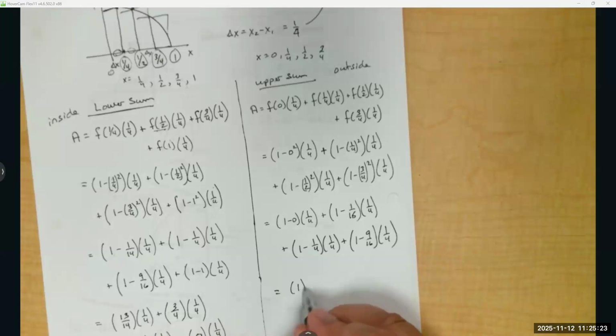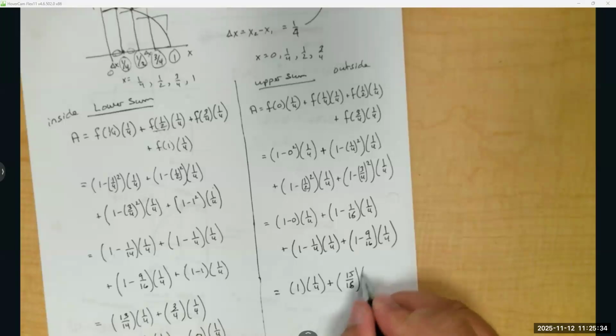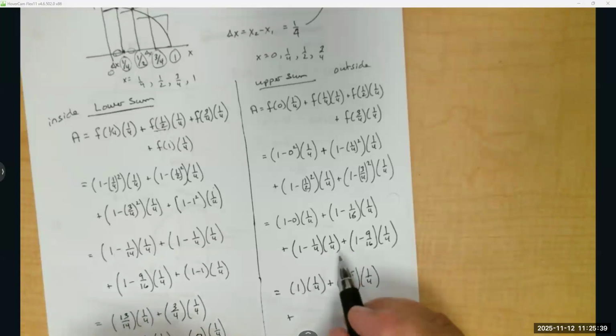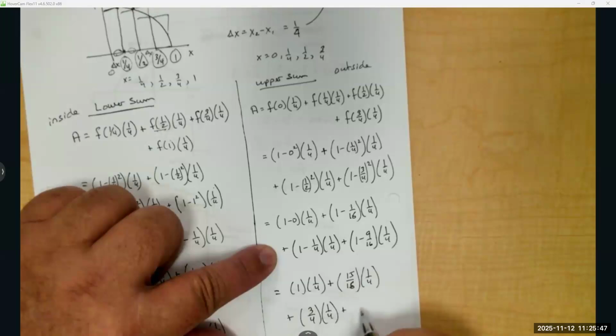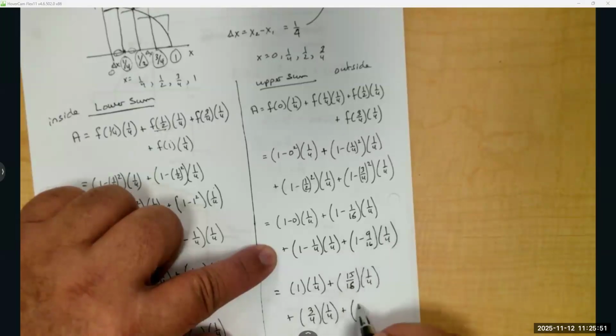So it's 1 times 1/4. 1 minus 1/16 is 15/16 times 1/4. 1 minus 1/4 is 3/4, times 1/4. 1 minus 9 over 16, 16 minus 9 is 7 over 16.